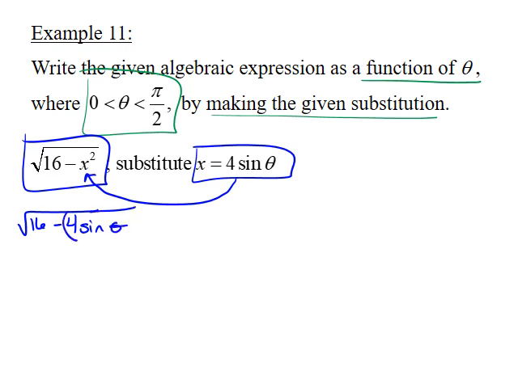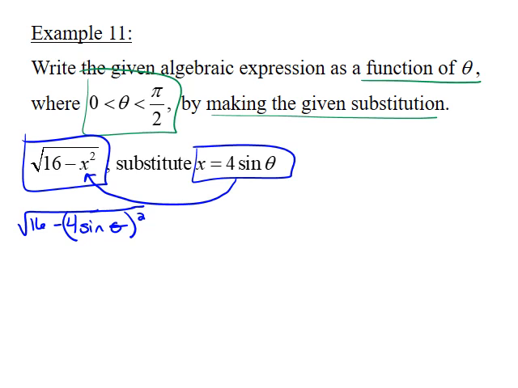Sorry, x is squared, so all of this is squared. My bad. Okay, now, some of you might be thinking, oh, at 16, you can take the square root of that, and the second term is squared, you can take the square root of that, and boom, this becomes 4 minus 4 sine of theta.